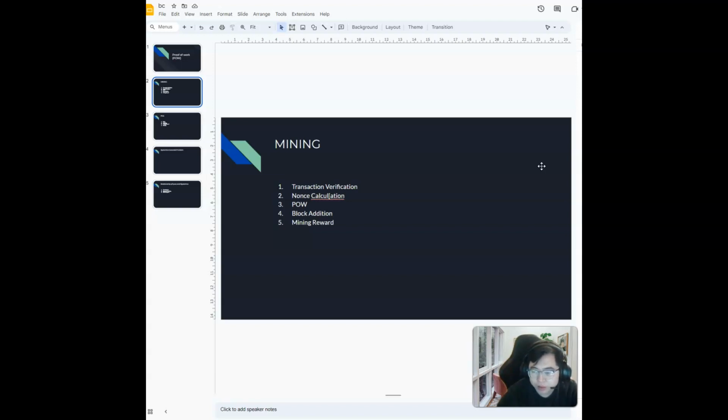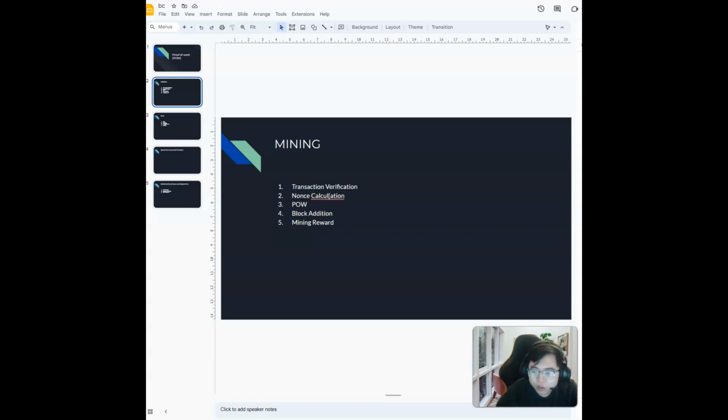The process is designed to be difficult to ensure that it takes considerable effort to validate transactions and secure the network. Block addition: once the correct nonce is found, the block is considered validated. The miner broadcasts the valid block to the network.